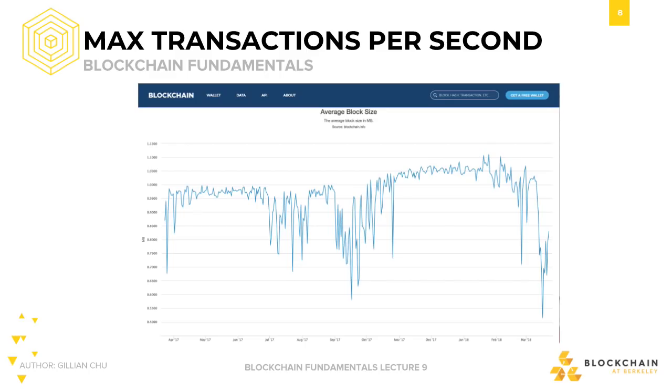At that point, our block size average was only about 1.054 megabytes. So we've tried to keep it pretty constant, but even at the very, very peak, it's only about 1.07 megabytes. So even as the price might go up and there are many more holders of cryptocurrency, we try to keep the block size relatively stable because it becomes problematic if we go too far above 1 megabyte. However, it's okay if it drops and we don't have enough transactions to put into a block. So that's the point that I'd like to bring up with this graph.